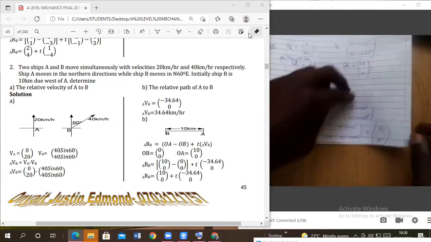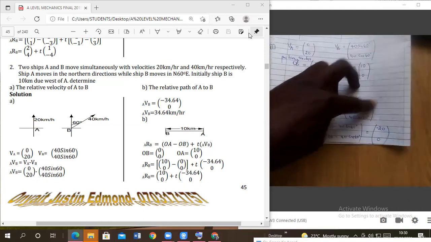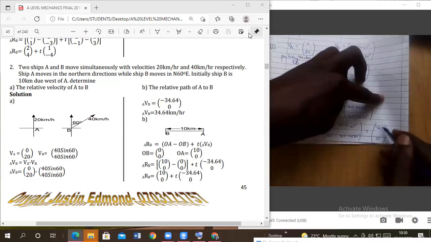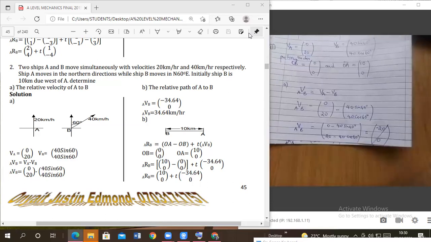But this one is supposed to be negative. Sorry, this one is supposed to be negative. 40 sine of 60. Excuse me, teacher, I've made a mistake there when I was pressing.